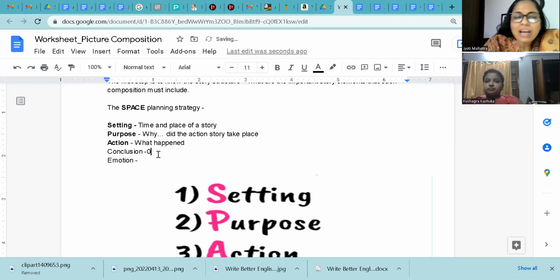Conclusion means that you are going to end the story, and E means that you have to add the emotion. This is easy. SPACE. I'm just giving you a fun way of remembering how you can frame a picture composition. Okay, emotion may be added.